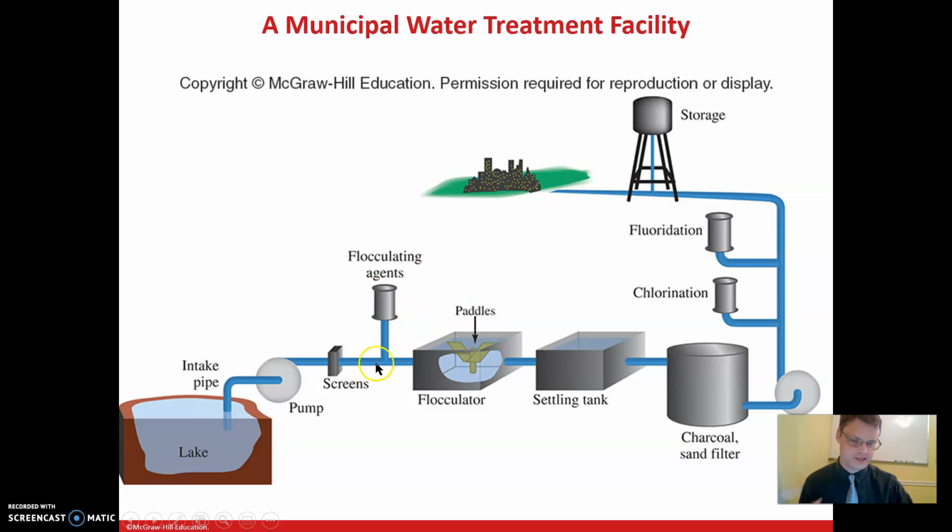The flocculating agents remove particulates that are suspended in the water, like clay. And then that settles, and then it goes through further purification through charcoal and sand, and then it undergoes a chlorination treatment, and this is to kill microorganisms like bacteria that could cause sickness.